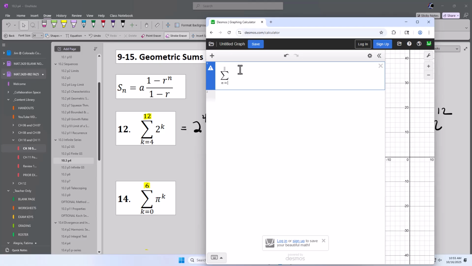We're going to go from 4 to 12, and then if we just put in 2 to the N, they use N. There it is. 8176. So Desmos can check all of these summations pretty easily for you. So 8176.